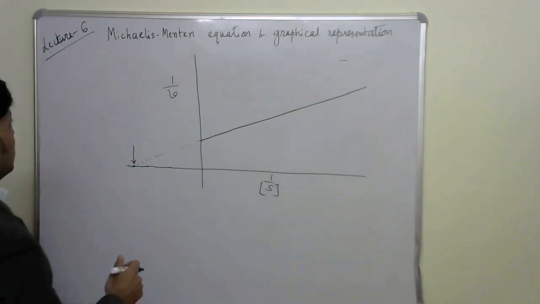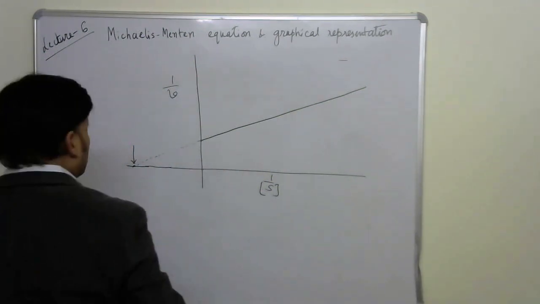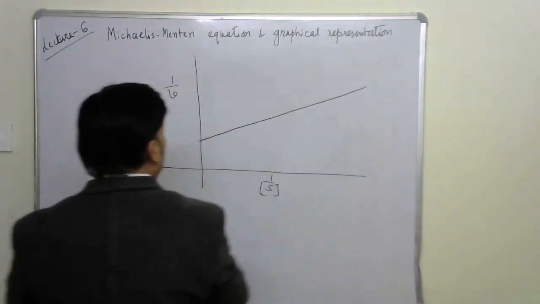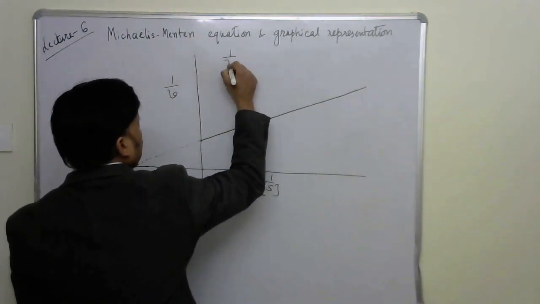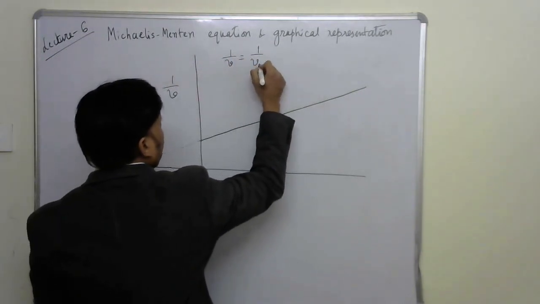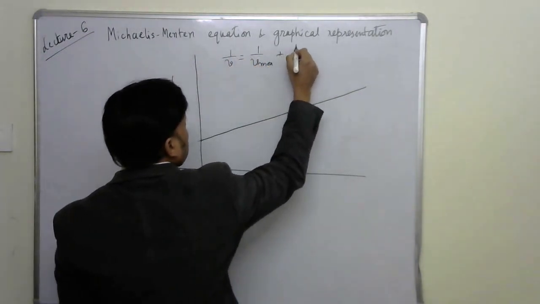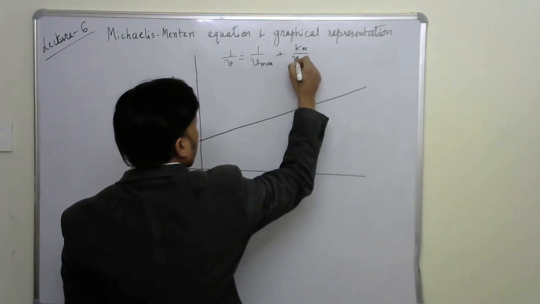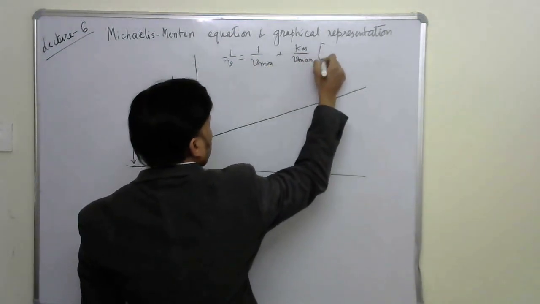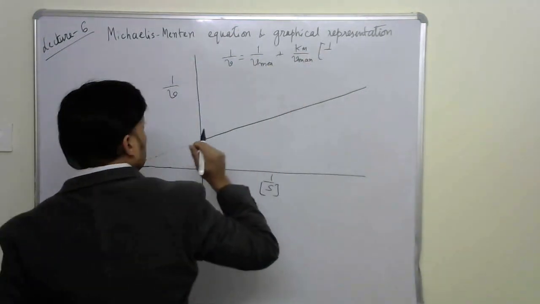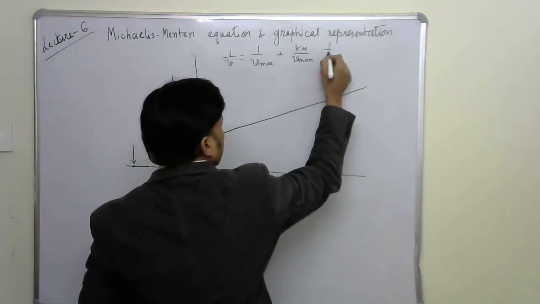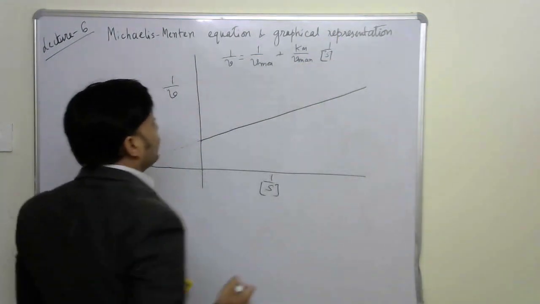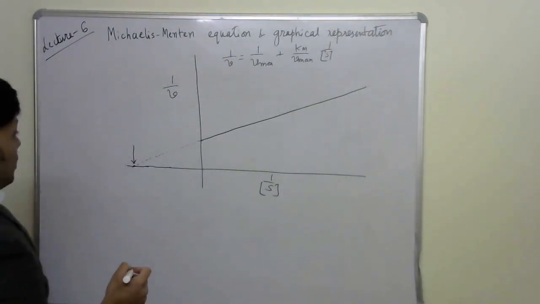Well, the answer lies in the double reciprocal equation, the Lineweaver-Burk equation itself. This equation, 1 over V is equal to 1 over Vmax plus Km divided by Vmax multiplied by 1 over S, is also known as the Lineweaver-Burk equation.